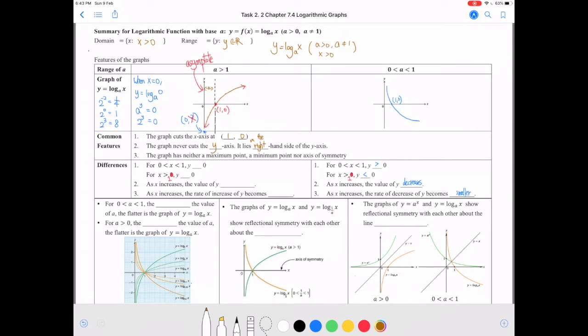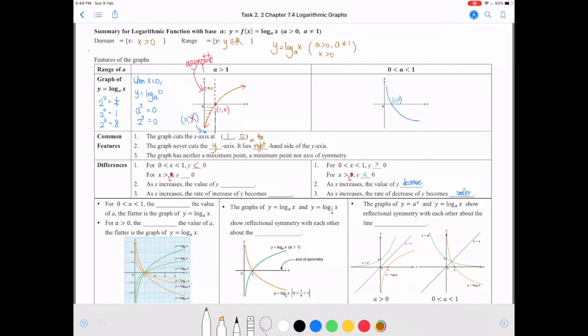In this case, you can see the graph lies below the x-axis, right? That means all the corresponding y values must be negative. So y is less than 0. How about the second case, for x bigger than 1?